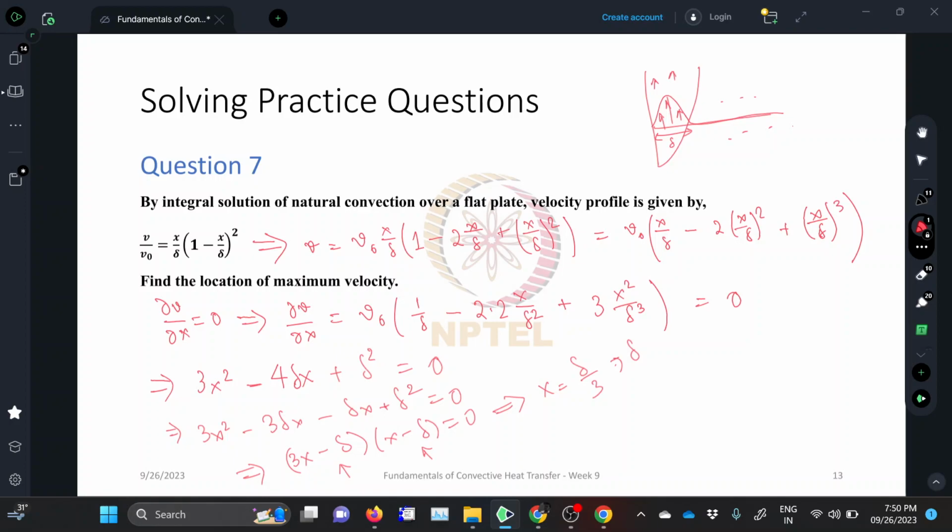So this cannot be the maximum. This one should be the maximum, at x equal to delta by 3. So the location of maximum velocity would be x equal to delta by 3. Simple stuff. I hope it is clear.